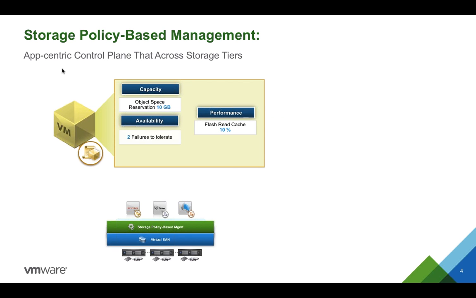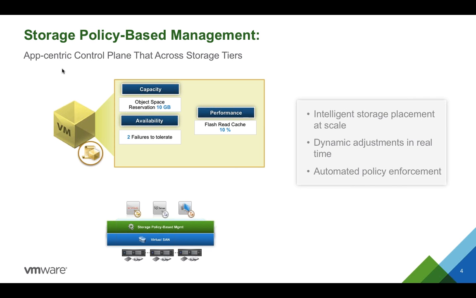One of the things that is very unique about Virtual SAN, and really important to focus on, is the control plane, which is how we make all the different storage capabilities available on a per-VM basis.